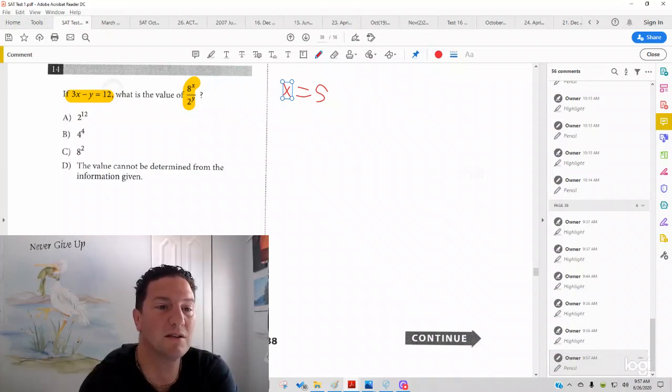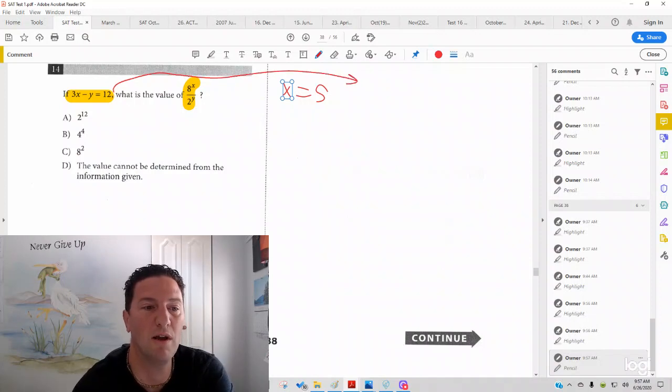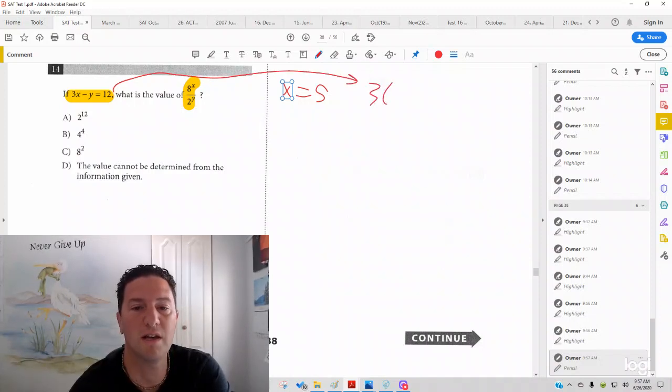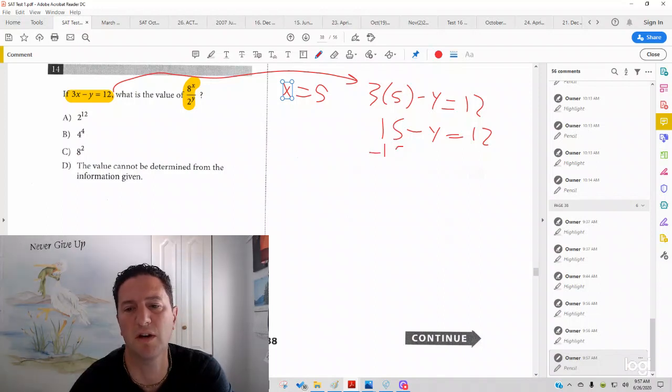In that case, substituting into this equation, what I get is 3 times 5 minus y equals 12. 15 minus y equals 12. When you subtract 15 from both sides, you wind up with negative y equals negative 3. Then multiply both sides by negative 1, you get y equals 3.